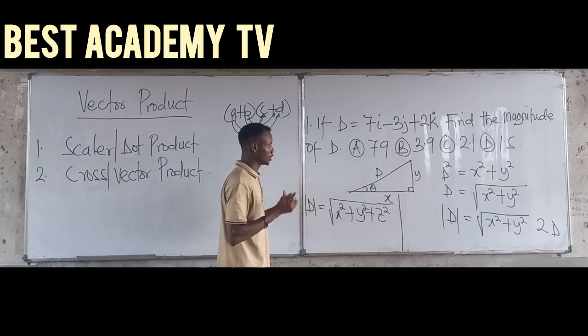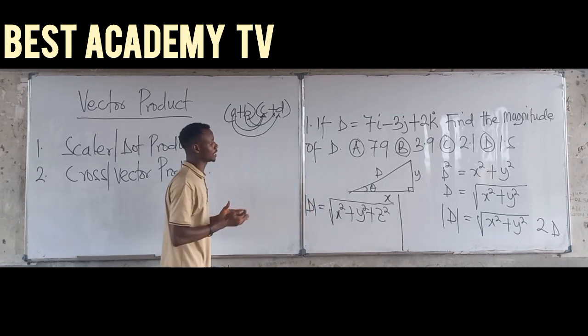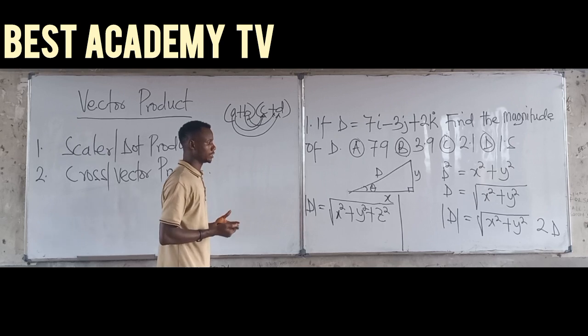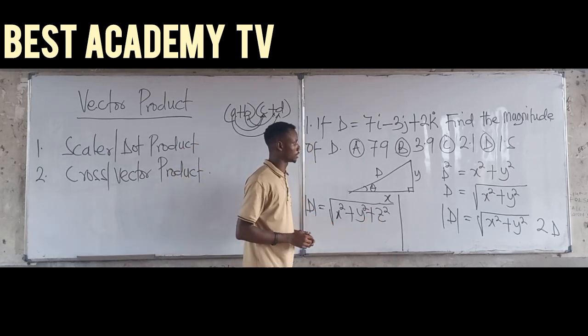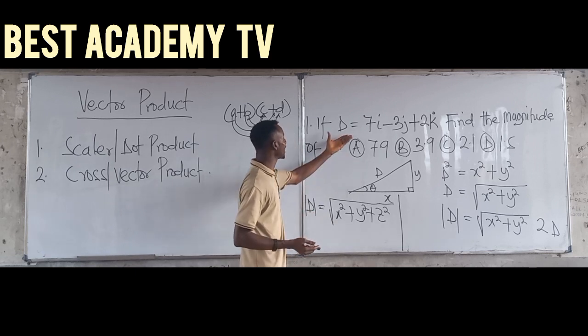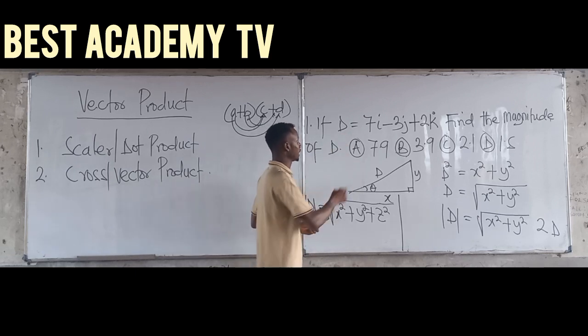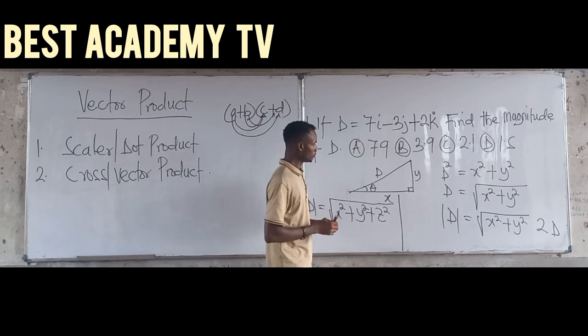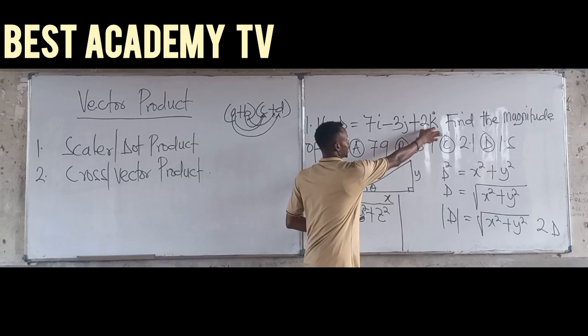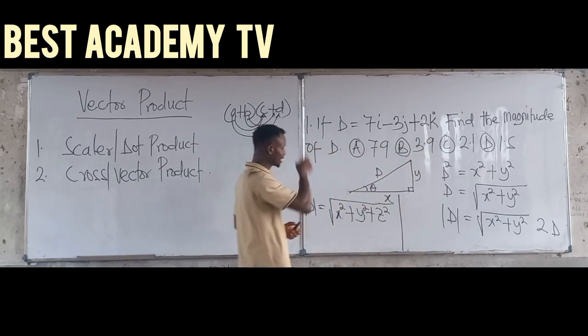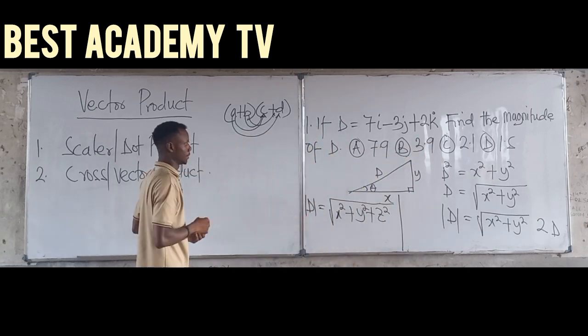I told you that s is the same as i, y is the same as j, z is the same as k. So to calculate the magnitude of this guy here, our i is 7, our j is -3, our k is 2. Let's calculate the magnitude of this one, please.